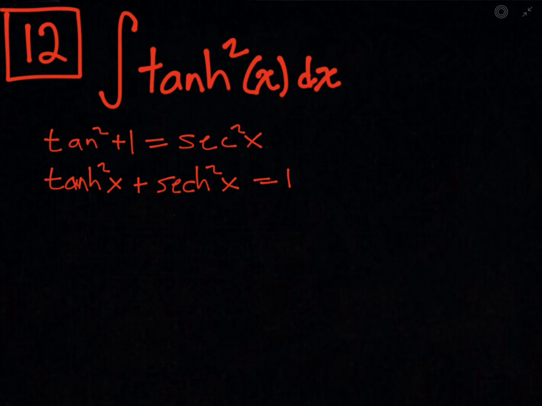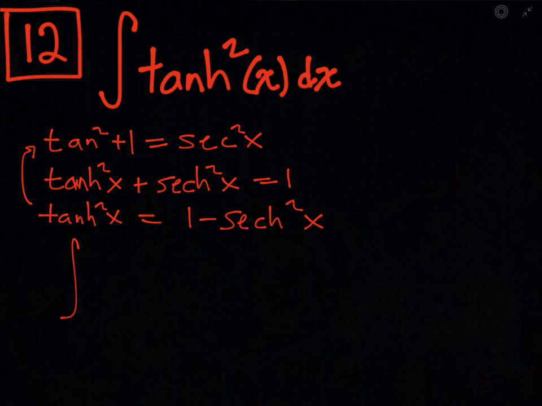Or, in other words, hyperbolic tangent squared is equal to 1 minus hyperbolic secant squared of x, which is the opposite of what we had here.